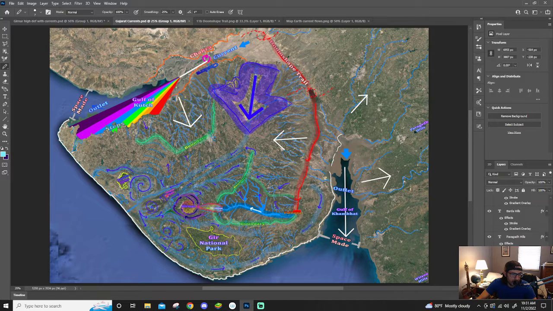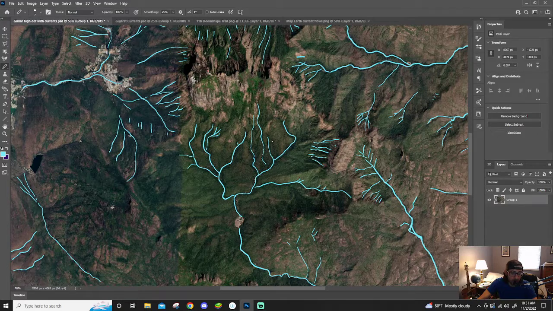Basically this leads to a funnel of energy through this region, specifically through a flame-like structure into Girnar. Not randomly, but a flame-like structure. So that's kind of what I was noticing right now.